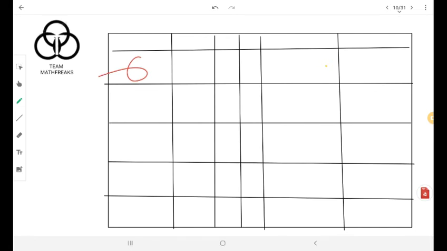Now let's go for 6. It would be 11 choose 5 here, which will give us cumulative frequency 923. Now comes 7.